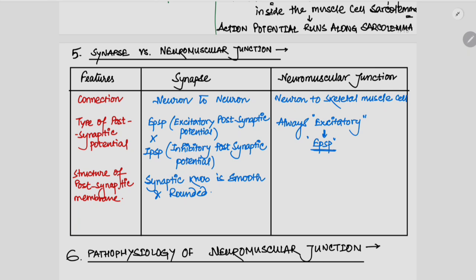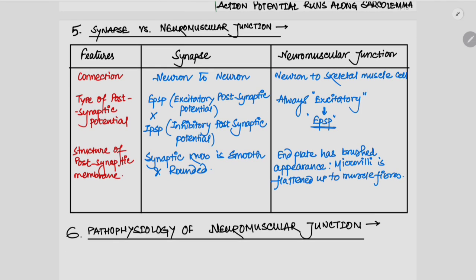Whereas in neuromuscular junction, the end plate has a brushed appearance. Microvilli are flattened up to the muscle fibers.